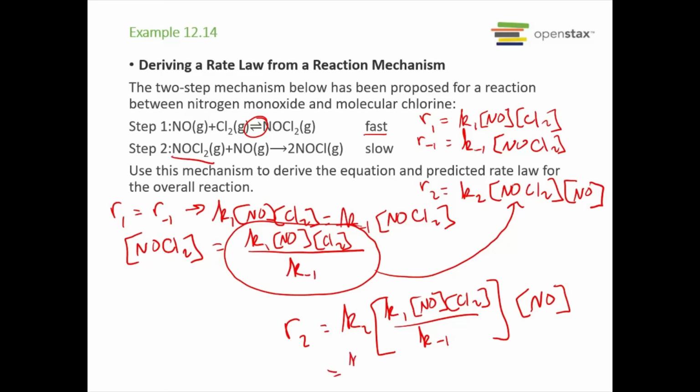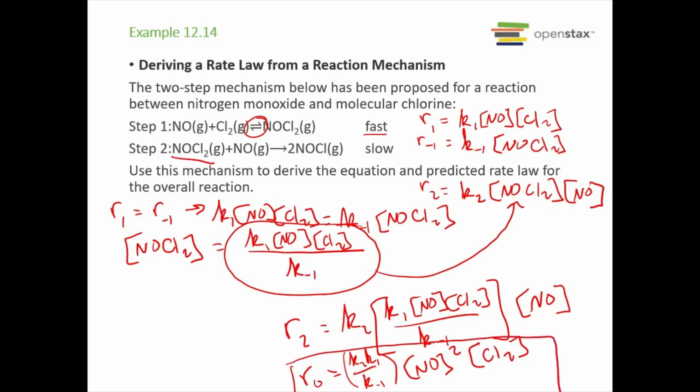So we can say k2 times k1 over k reverse. All those constants can chill out. And we have NO squared times Cl2. So our overall rate, remember, is now the same as our slow step, or rate 2. There we go.